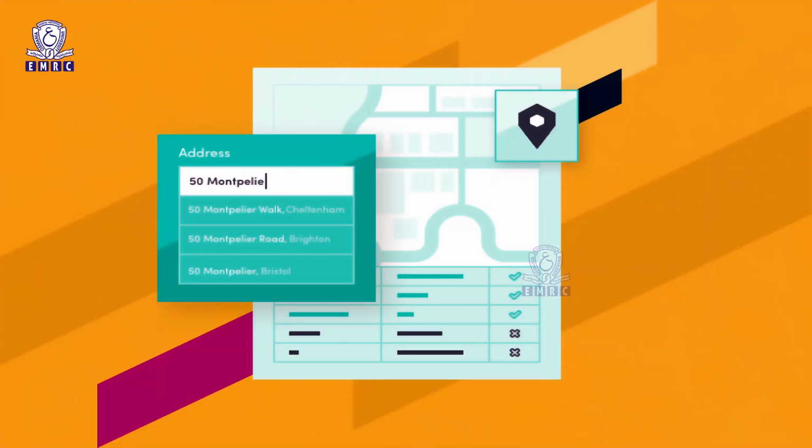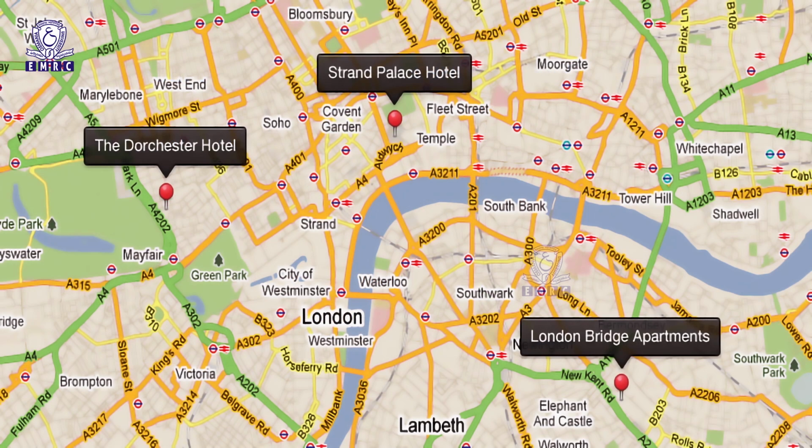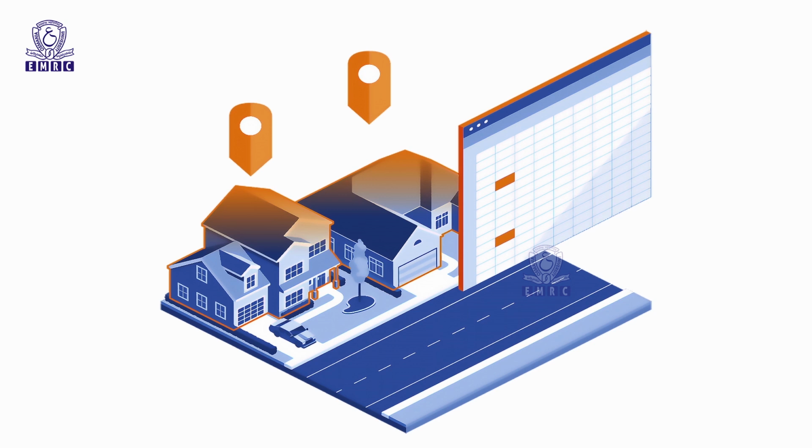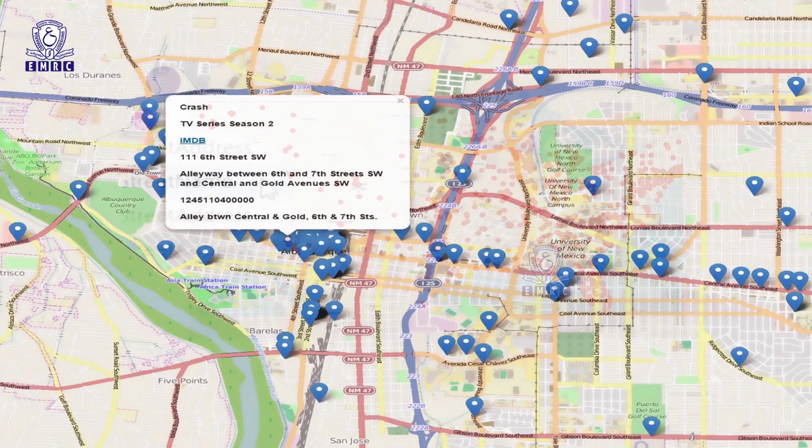The most common type of geocoding is address geocoding or address matching, which plots street addresses as point features on a map. Geocoding requires two sets of data. The first data set contains individual street addresses in a table, one record per address.